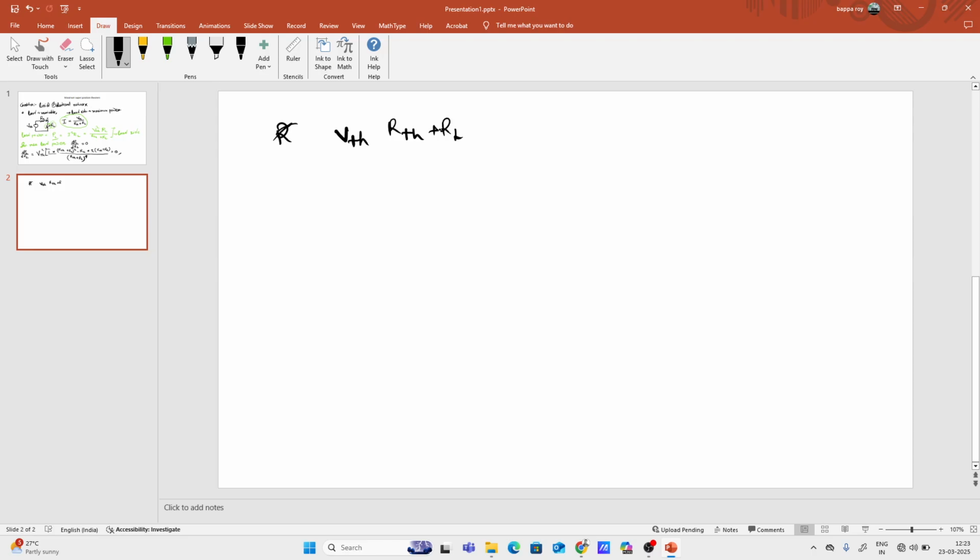(RTH plus RL) divided by (RTH plus RL) to the power 4, times (RTH plus RL minus 2RL).